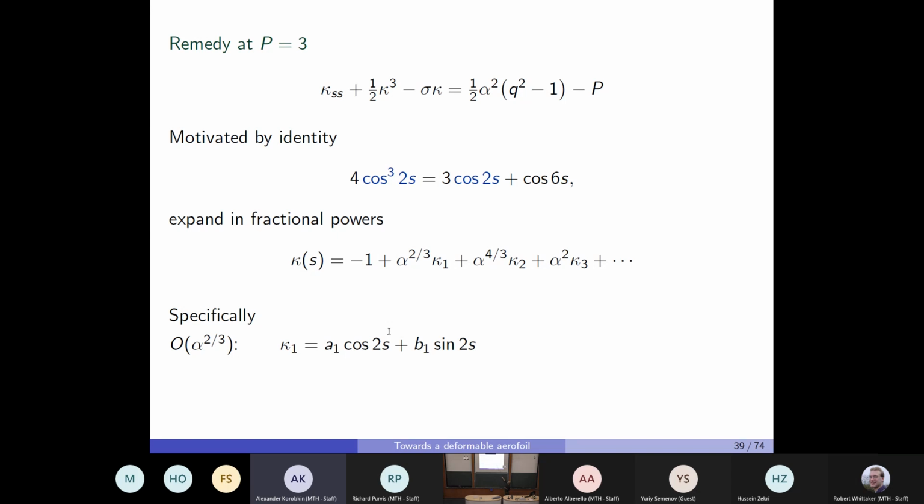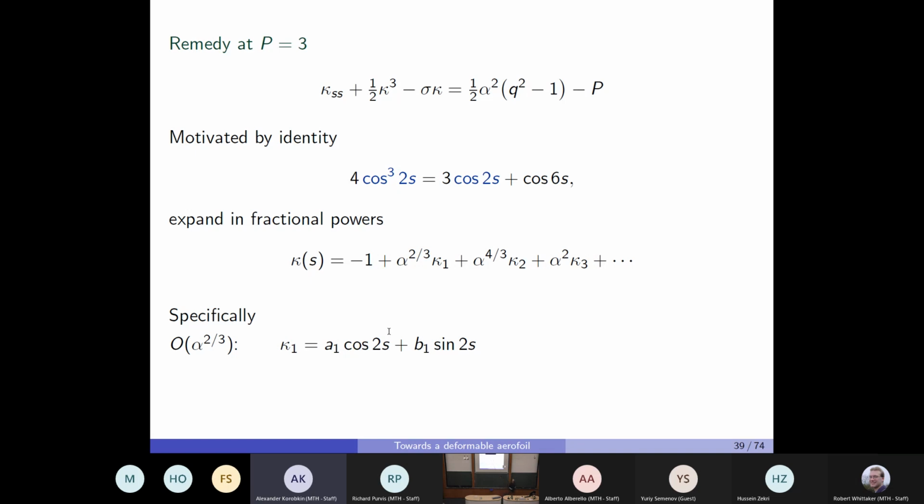But at that stage, with this new expansion, at order alpha squared, I will get a kappa 1 coming in because of that cubed term in the equation at the top. There's a kappa cubed, and if I cube alpha to the 2/3, I get alpha squared. So kappa 1 cubed will come in at this order. But kappa 1 has a cos 2s in it, and if I cube that, I get another cos 2s.